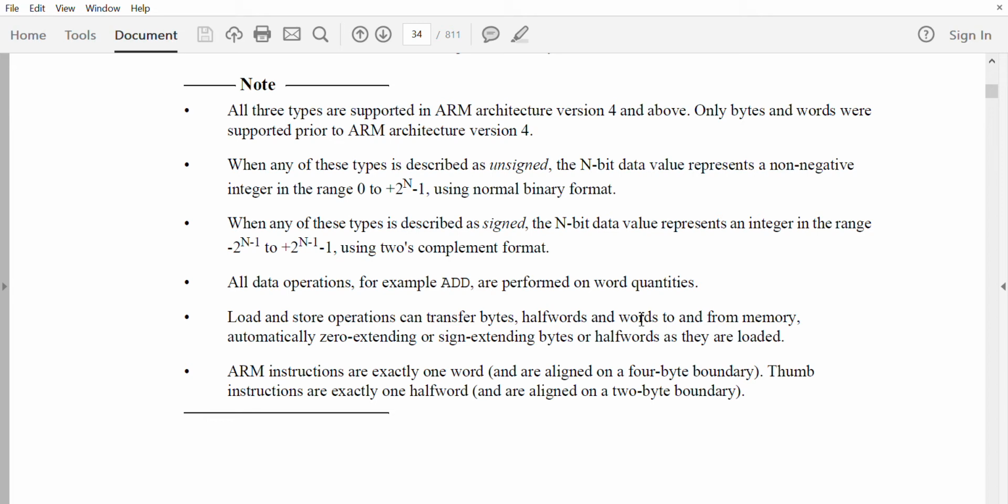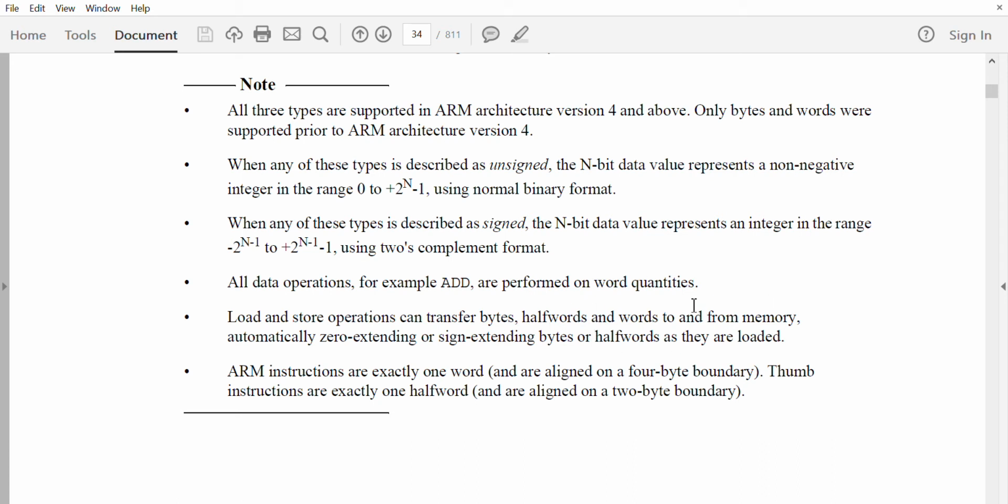Some of the examples given here are all data operations. For example, add: if you are going to operate on a number, like add or subtract, those operations are done only in word quantities. The data should be word size, that is 32 bits long. Then you have operations like load or store. Using a memory location, if you want to load or store data, that is memory access, then you can use bytes, half words, or words to and from the memory.